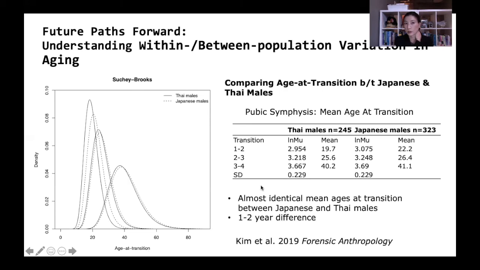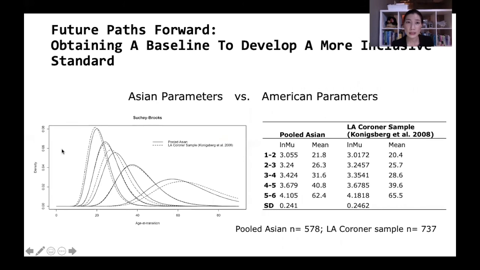And the results showed that those two populations didn't have a significantly different schedule of aging, at least in the pubic symphysis, which further suggests that those two populations can be combined together to build a broader Asian-specific age estimation method.